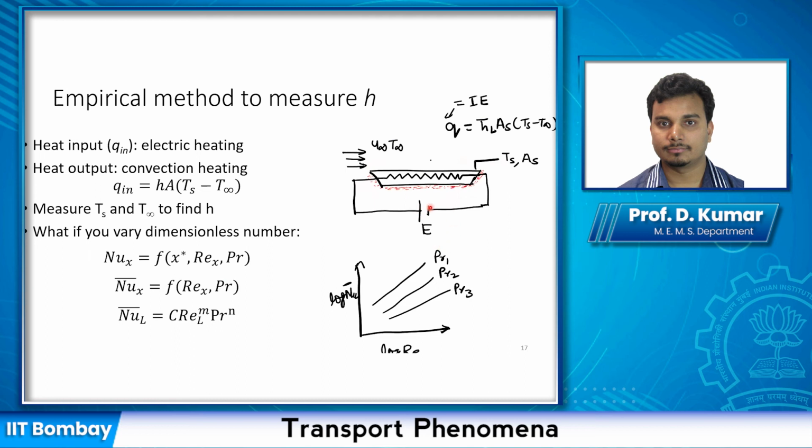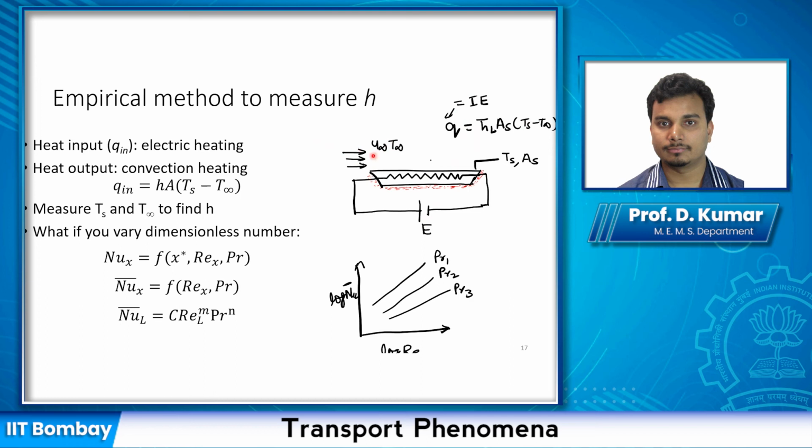We can record what E and I are, so that we know how much power it is taking, and to maintain this surface temperature, we have to supply power equivalent to this heat loss. That heat loss is given by h times A times (Ts minus T infinity), where h has to be the average heat transfer coefficient. So we can control this U infinity and T infinity by changing fan capacity or whatever.